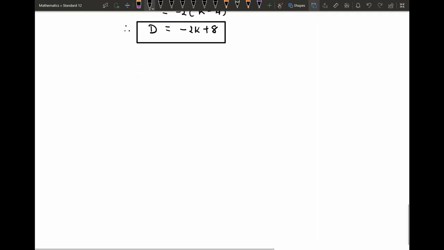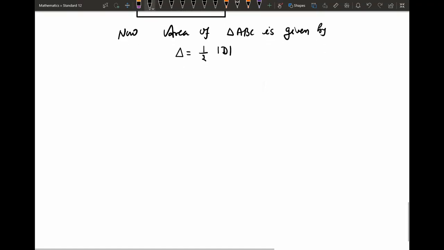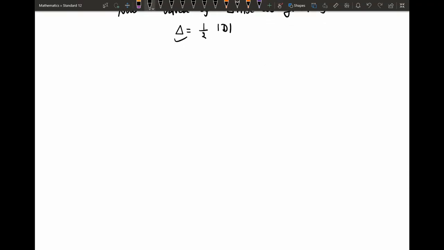Now the area of triangle ABC is given by delta equal to 1/2 mod D. Delta is the area, it is given as 4 square unit.